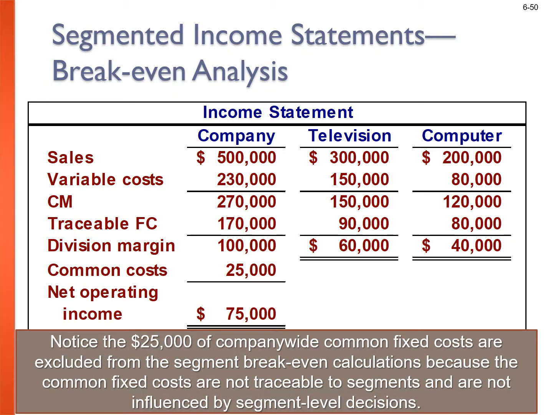Notice the 25,000 of company-wide common fixed costs are excluded from the segment break-even calculations because the common fixed costs are not traceable to segments and are not influenced by segment level decisions. So it's very important to remember when computing break-even analysis.